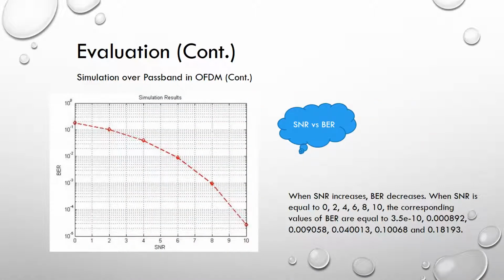Next is the relationship between the signal to noise ratio and the bit error rate. When SNR increases, the BER will decrease, and I get 5 points from the SNR, and these are the 5 corresponding values of BER.